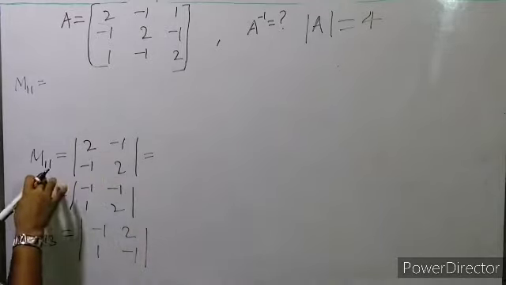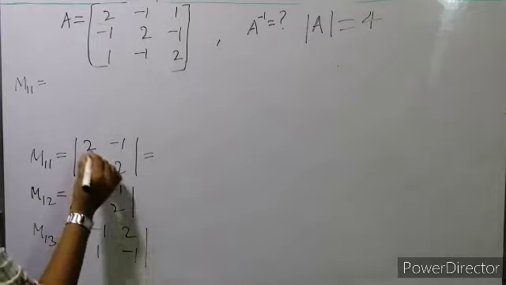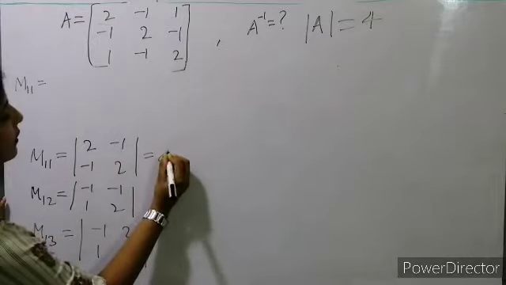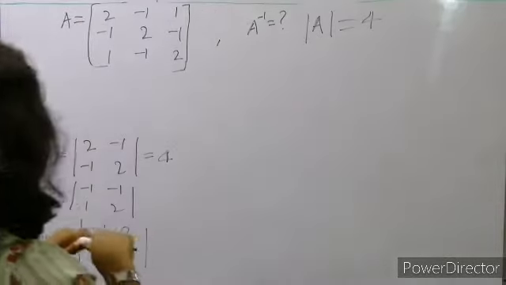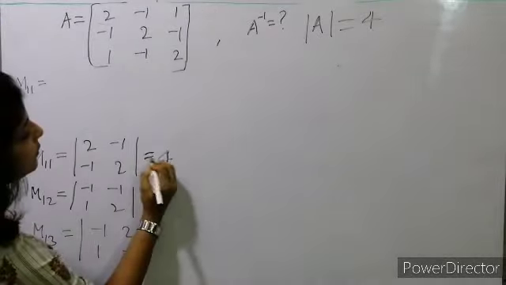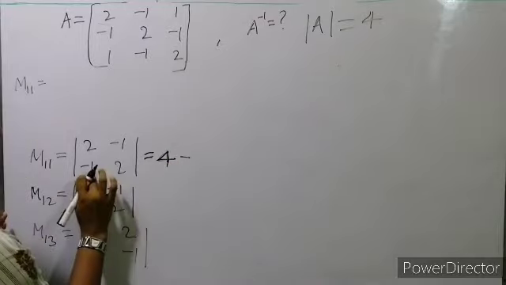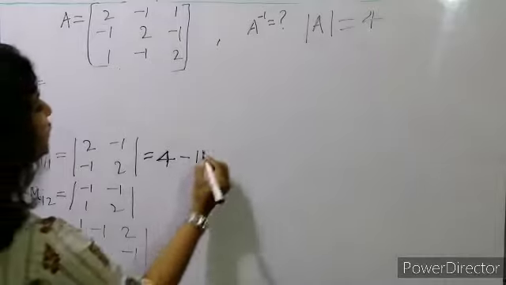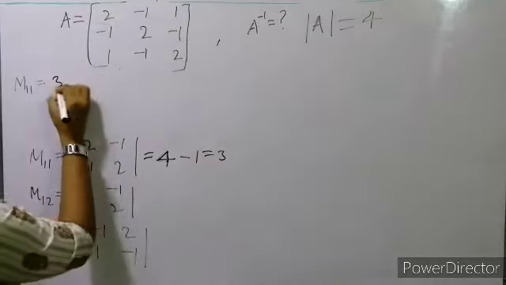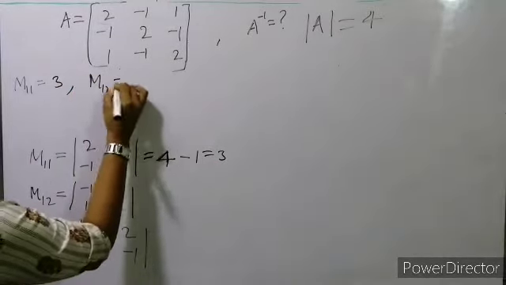The value of M11 will be 2 into 2 is 4, minus 1 into -1 is plus 1. Okay, so that is 3. So the value is 3.